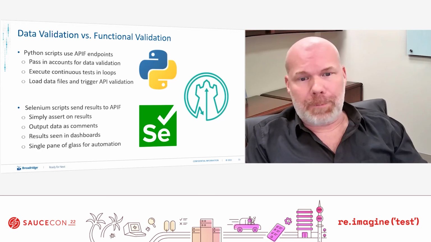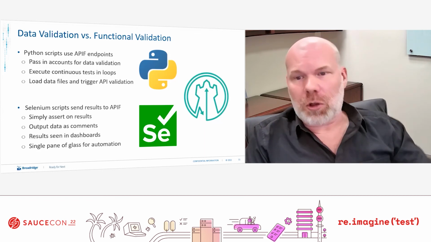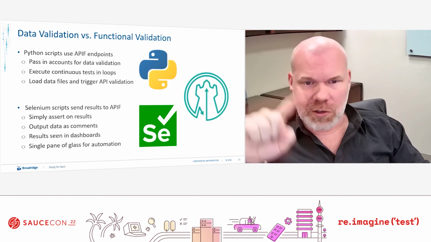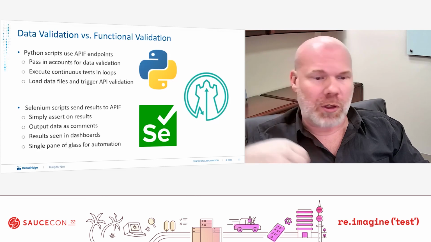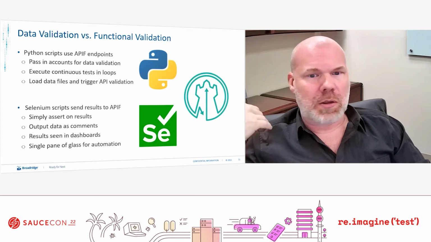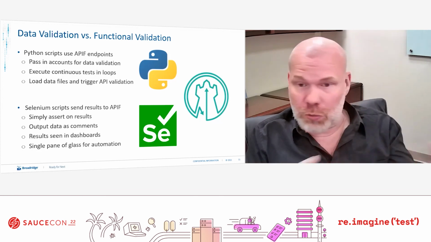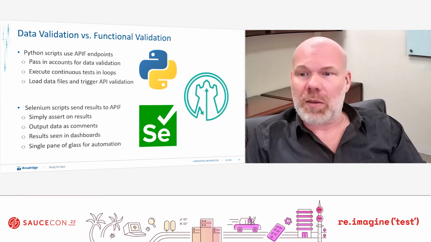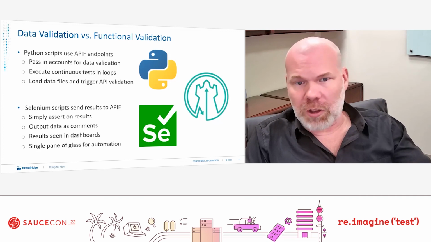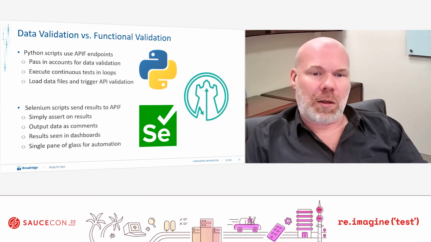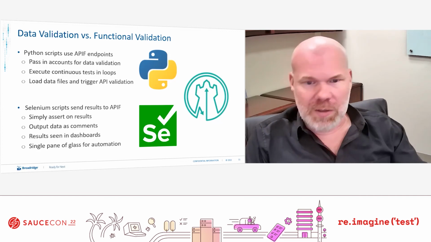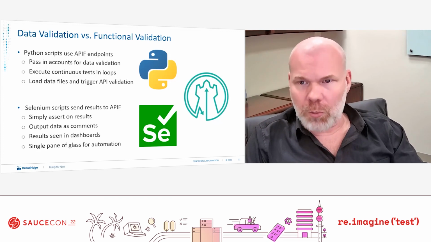So we trigger everything, in some cases, and then just look at the results, in a nice web front end that's easy to digest. You don't have to show different tools and different result sets to your business partners, your dev partners. They learn one set, they have a web front end, they can view it from anywhere, and it comes down to that single pane of glass for all of our automation.